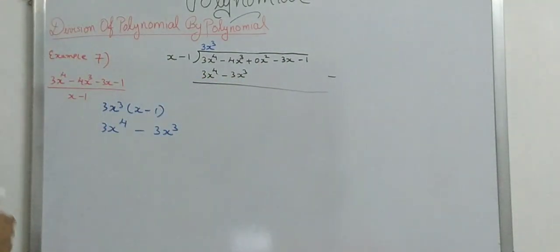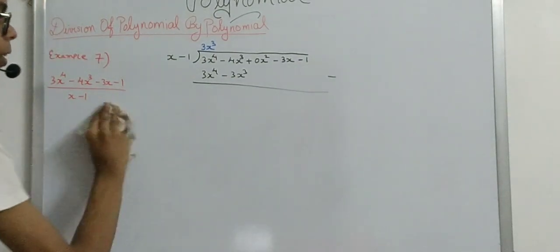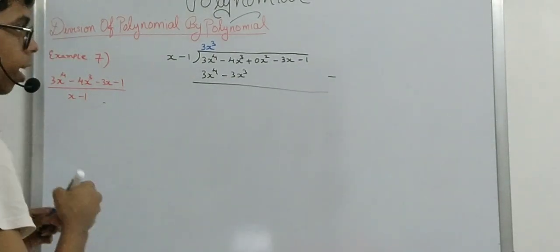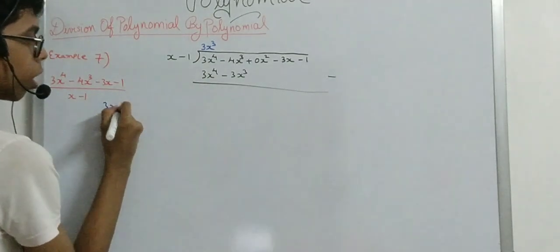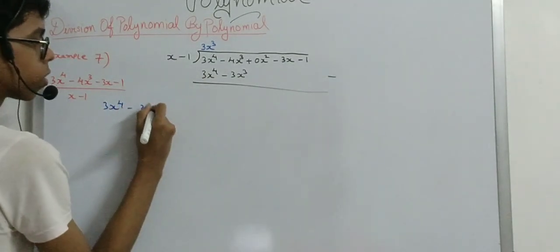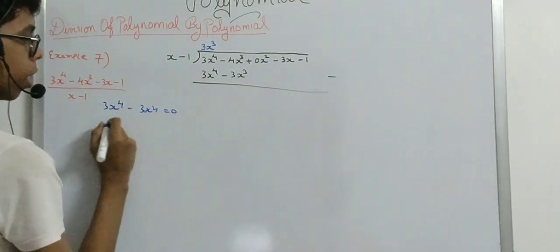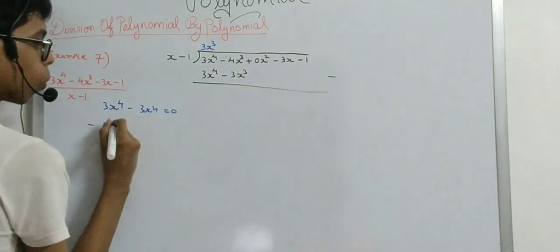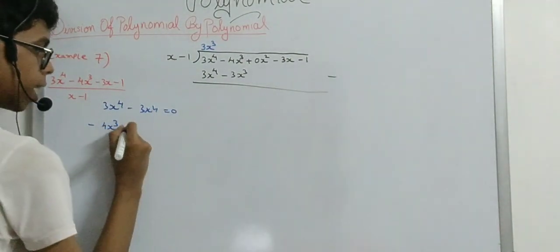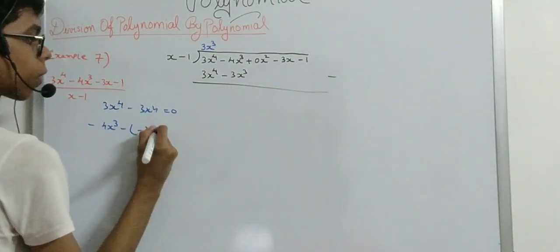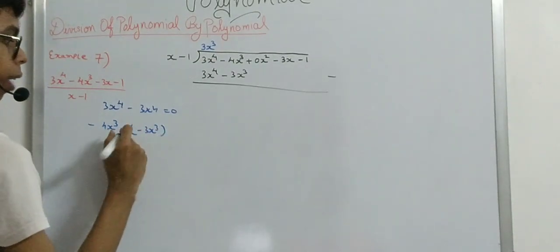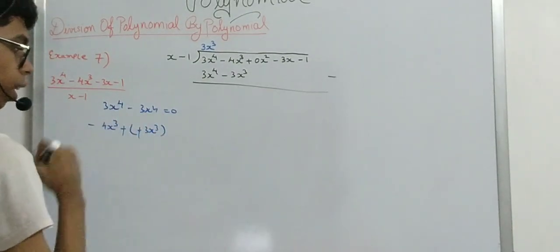When we do the subtraction, 3x raised to 4 minus 3x raised to 4 is 0. Similarly, minus 4x cube minus of 3x cube. There are two minus signs, so this becomes plus.